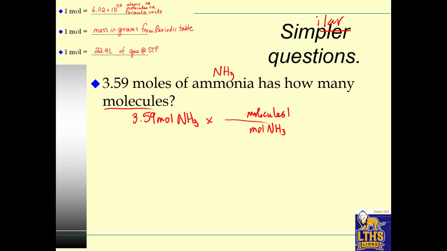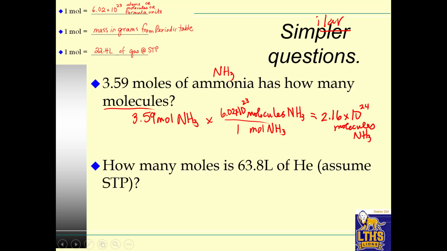And then I have to check my conversion factors. All right, this is moles and liters, moles and units, moles and molecules. Yeah. So I could say 1 mole has 6.02 times 10 to the 23rd molecules. So if I had 3.59 moles, I'd have 2.16 times 10 to the 24th molecules of ammonia. That's a heck of a lot of molecules of ammonia.